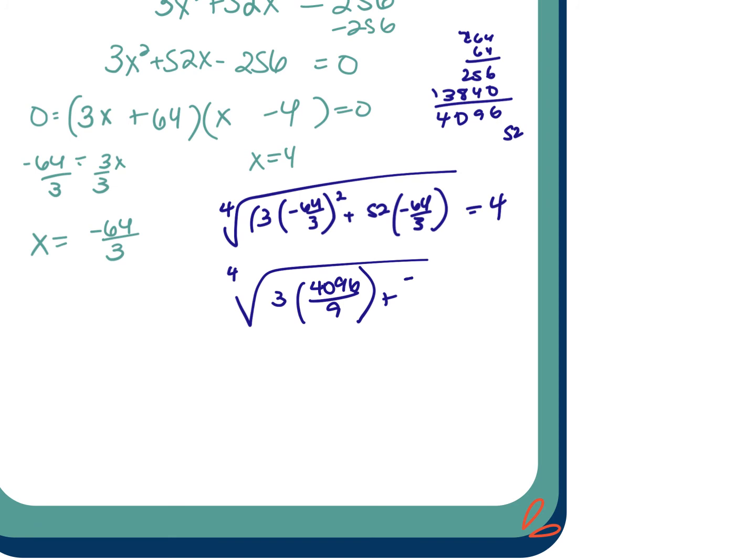So this would be a negative 3328 over 3. Equals 4. 3 goes into 9 3 times, and then 4096 minus 3328.